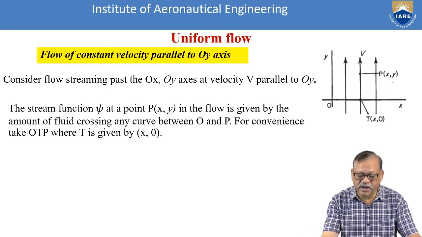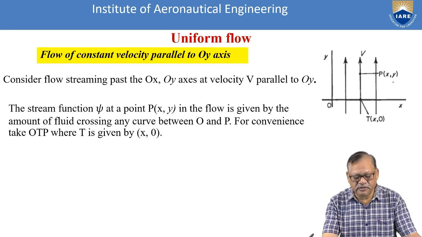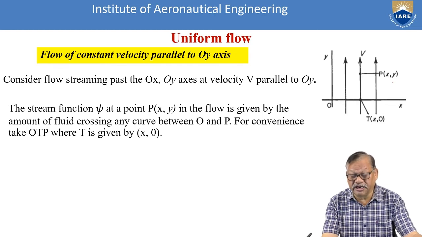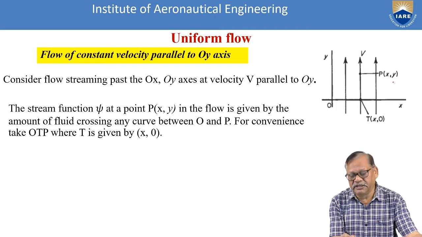So the stream function psi at a point P(x, y), assume any point whose coordinates are x and y, is given by the amount of fluid passing the curve between O and P, right? We have seen that it is irrespective of the path, whatever it may be, in the second lecture.